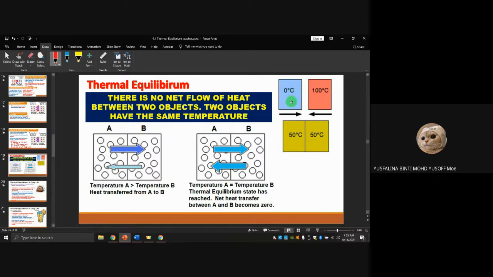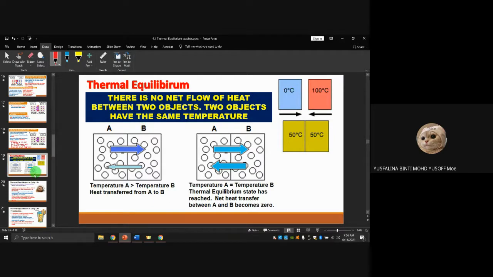You can see the temperature of the ice keeps increasing, while the hot water decreases, and there is heat transfer between these two. Say this one gives 500 joules to the hot water, and this one also gives 500 joules. So 500 minus 500 you get 0, so the net rate of heat is 0.